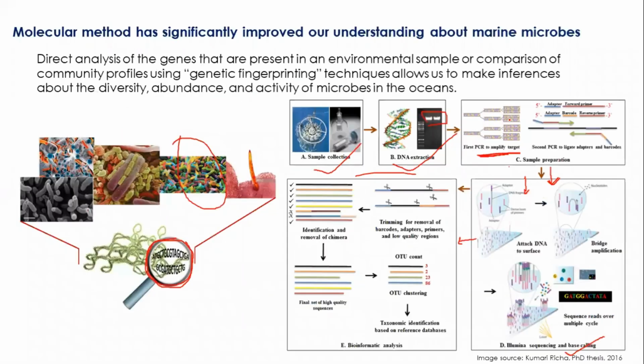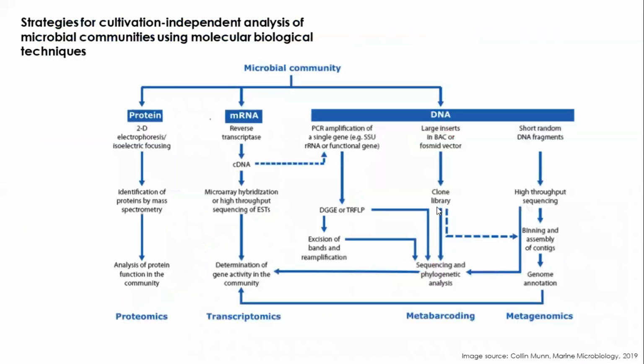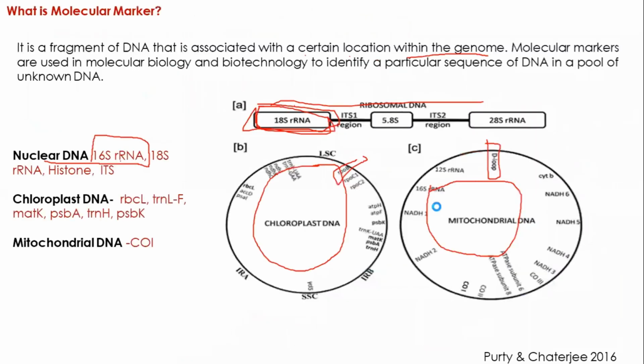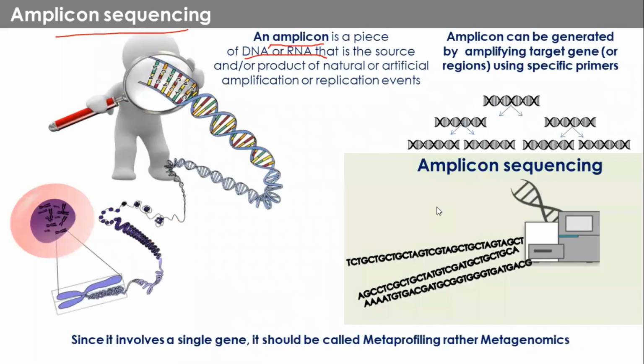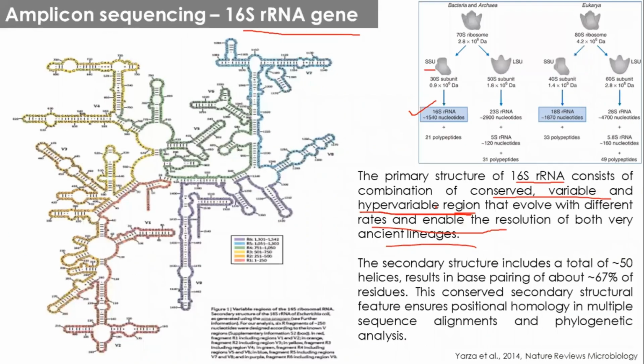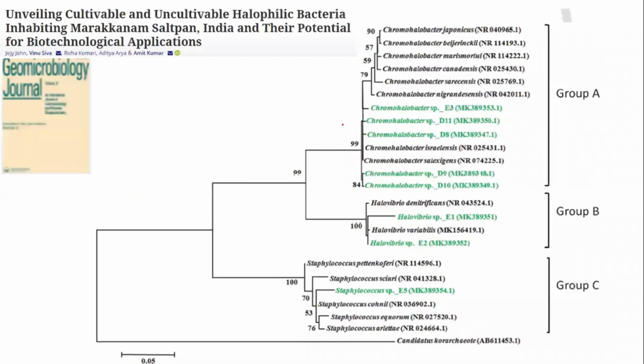In our case we sequenced it with the Sanger sequence, the old method, and then we did the bioinformatic analysis. So when you sequence it, you will get a DNA sequence, right? ATGC, CGTA, whatever it is, right? And that you use the bioinformatic analysis in order to find out what all different organisms are present here.